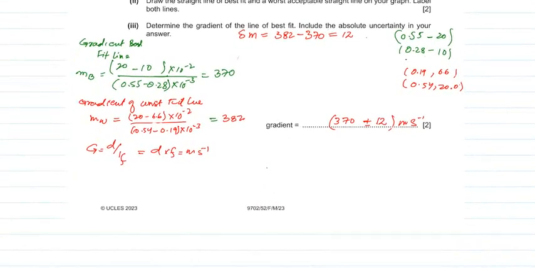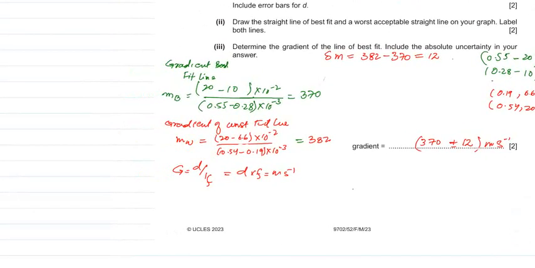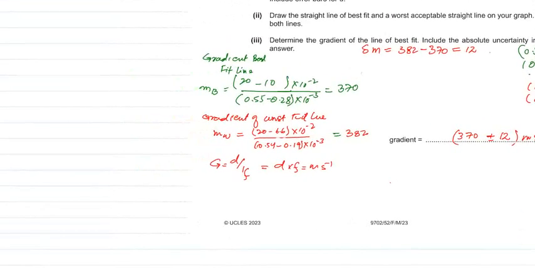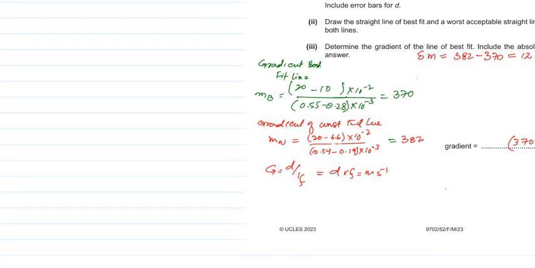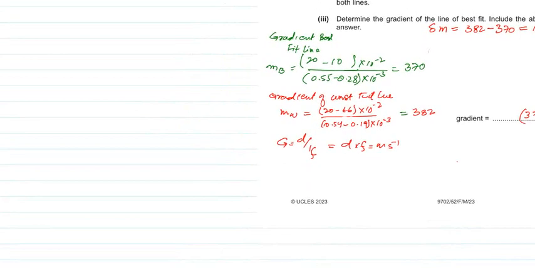So gradient for the best fit lines is y2 minus y1, with centimeters, so we will convert into meter after multiplying with 10 power minus 2, and the frequency is in 10 power minus 3, x2 minus x1.